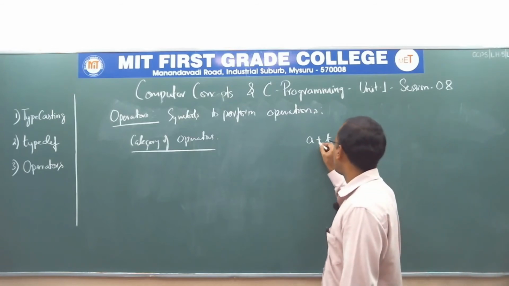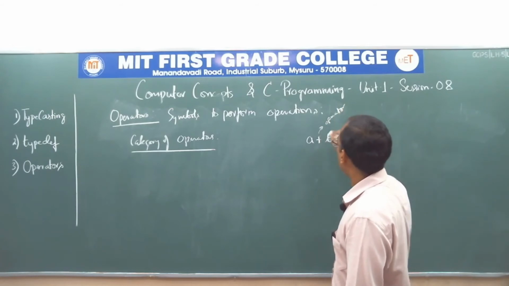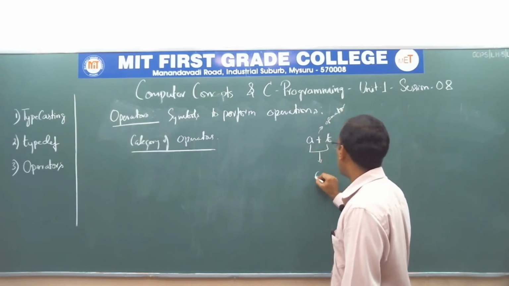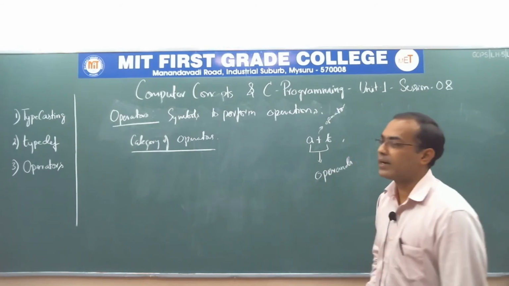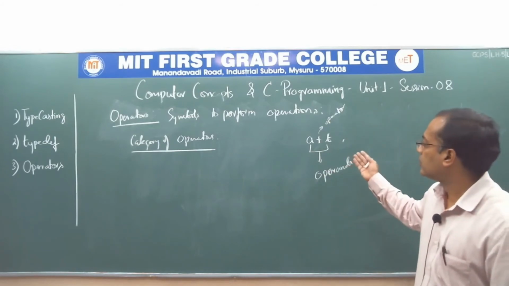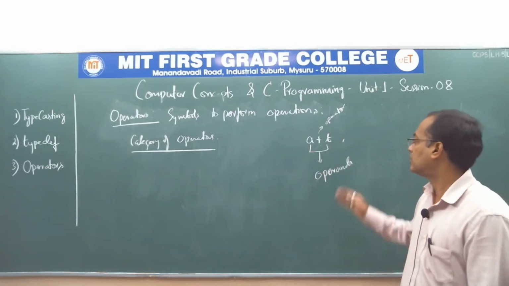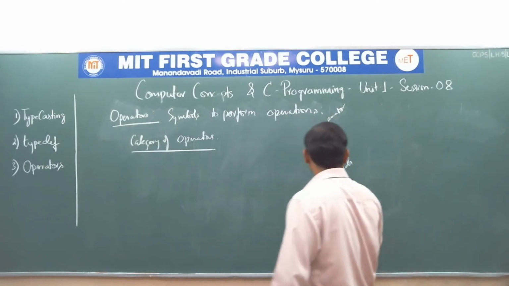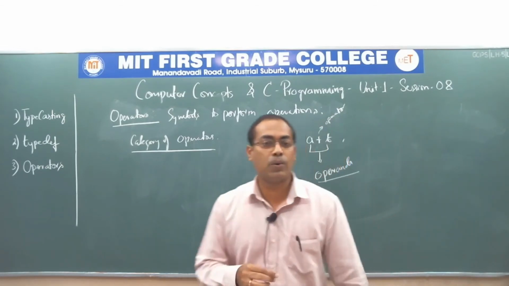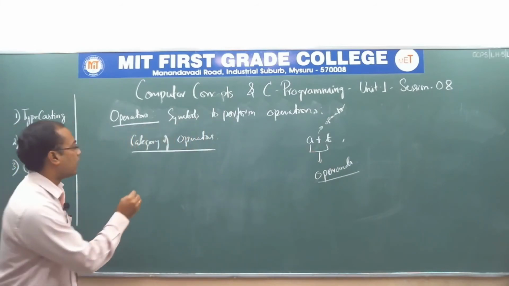In this case, mathematically we call this an operator and we call A and B operands. So operators use operands and perform operations. This is what the meaning is all about.